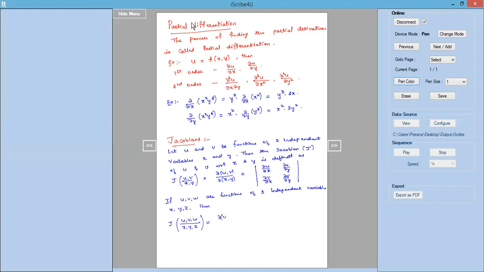Alternate notation: dou u v w with respect to x, y, z. So it is three dependent variables with respect to three independent variables.